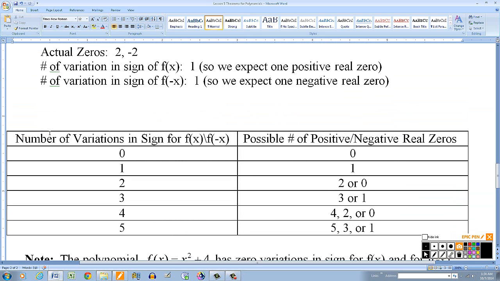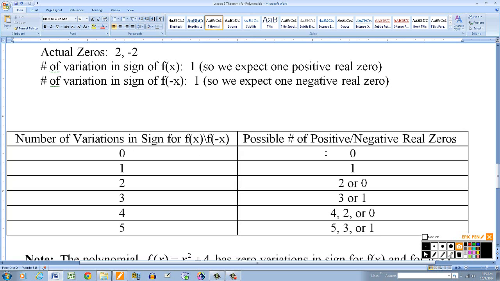Remember, you look at the variations in sign of f of x if you're looking for the positive real zeros, and you look at the variations in sign of f of minus x if you're looking for the possible negative real zeros. So if you have 0 variations, you expect 0. If there are no variations in sign, then there are no positive zeros and no negative zeros.